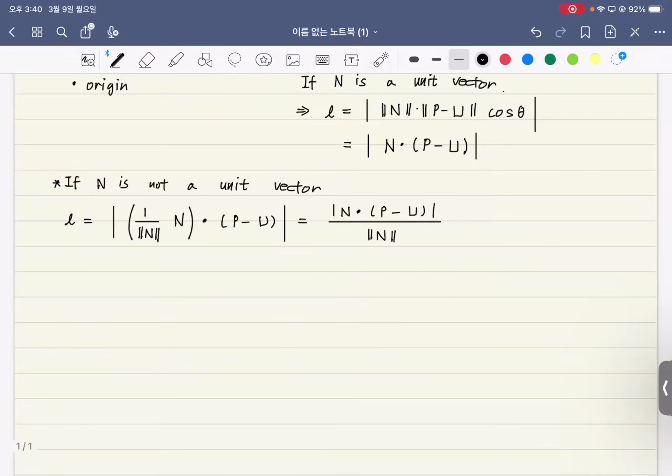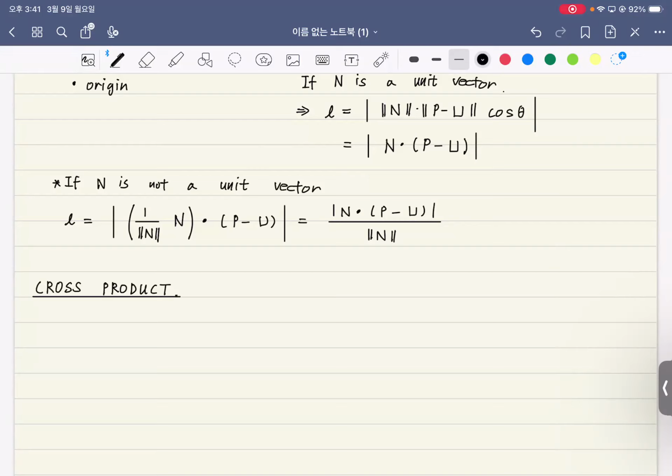And what's next? This time we want to discuss the cross product. Cross product is basically about the multiplication of two vectors.